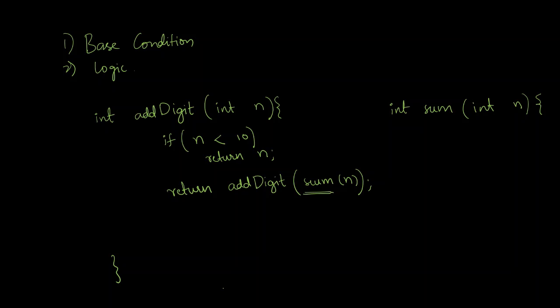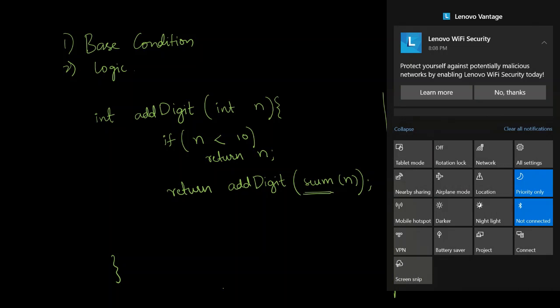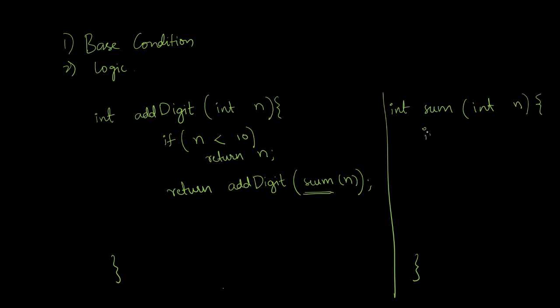I'm sure you would have seen this before, the sum of digits of a number. It's simple, guys. You just break it down. Let's say there is a result, the final result that we want to return.